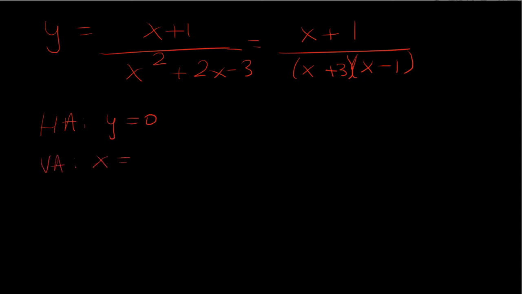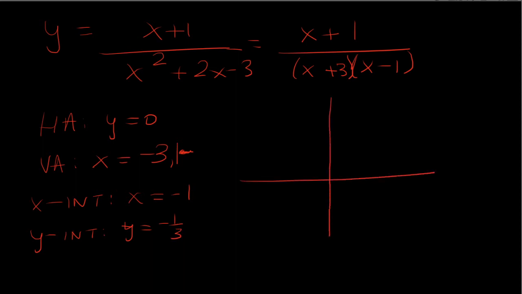Vertical asymptote, we set the bottom equal to 0. And for the x-intercept, we could just set the top equal to 0. That's like a nice little shortcut. And we get x equals negative 1. Y-intercept, we set x equal to 0. We get negative 1/3.